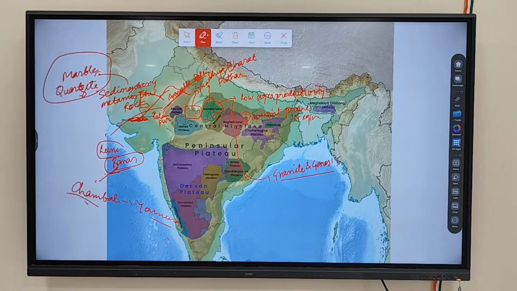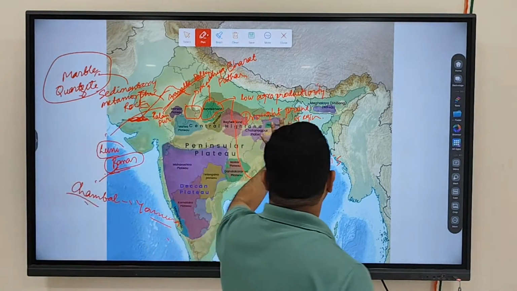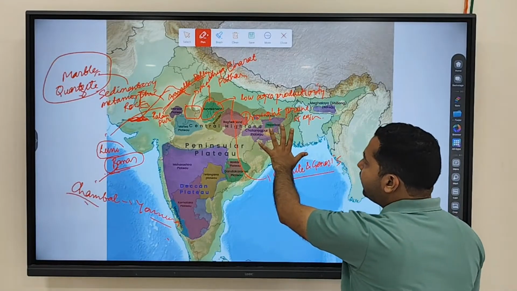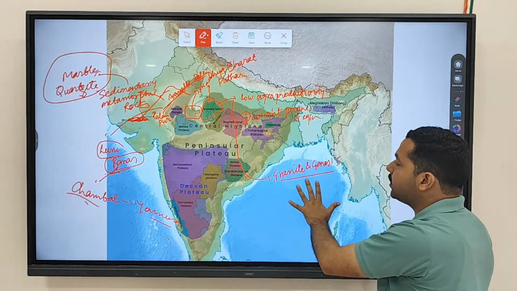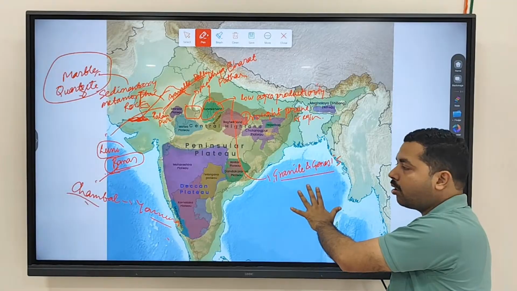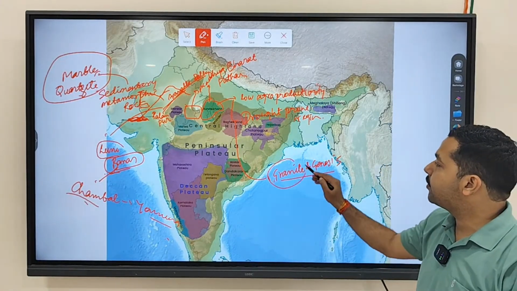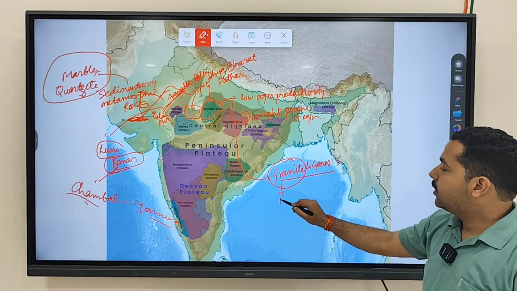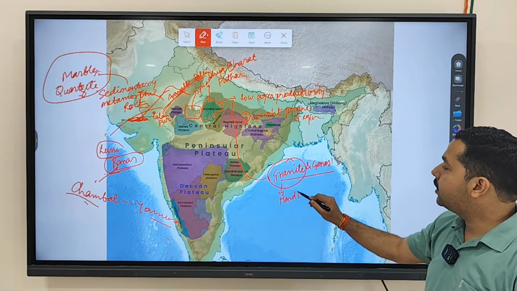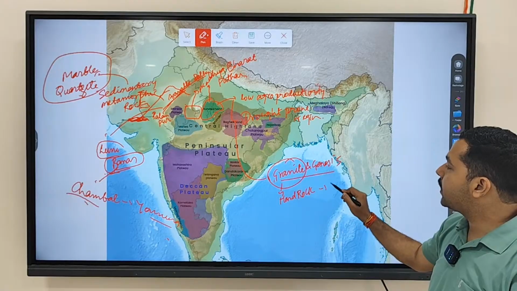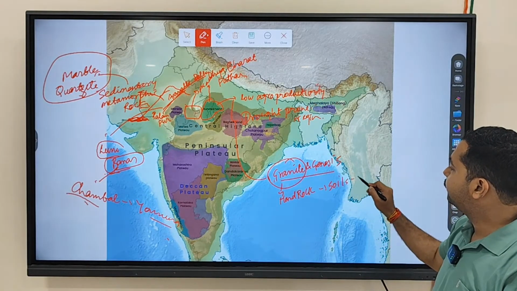So Bundelkhand, why is it known for low agriculture productivity? Because it is drought prone, meaning less rainfall is happening in this region. Here the rocks are made up of what? Granite and gneiss. You know that granite is which type of rock? It is a hard rock, difficult to erode. So that's why the soils are not very fertile also.